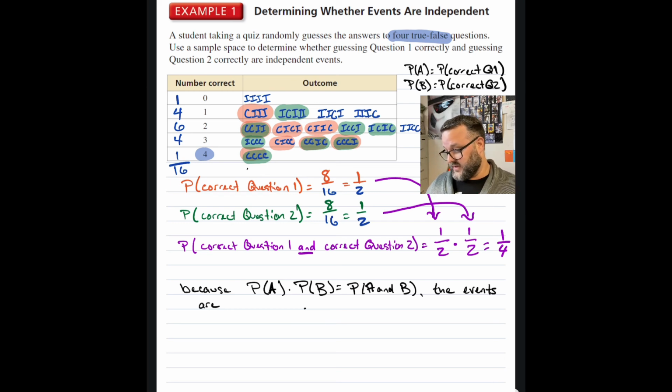Because 1/2 times 1/2 is 1/4, and 1/4 does not equal the 3/4. So if I counted up all the times I wanted to be correct, all the highlighted ones and even the double highlighted ones, but I only count them once, then according to this table, I should have a 3/4 probability if they're dependent. I find that I had a 1/4, so these are independent events.